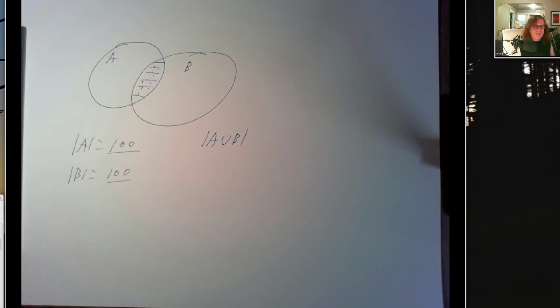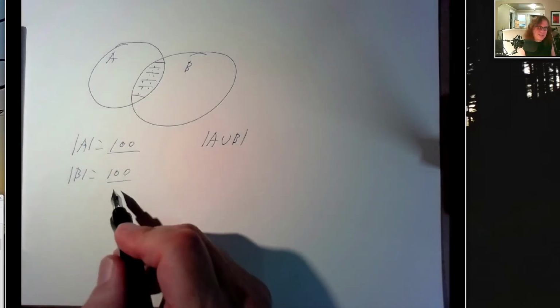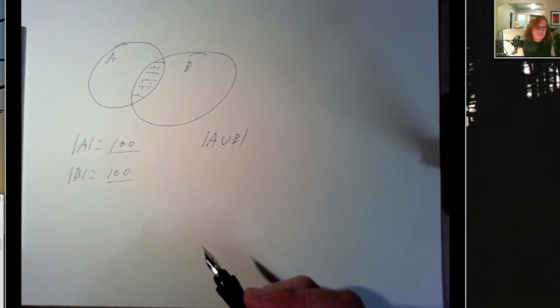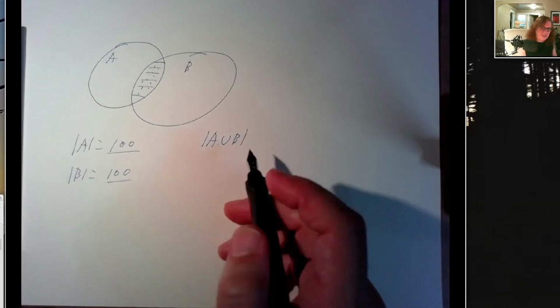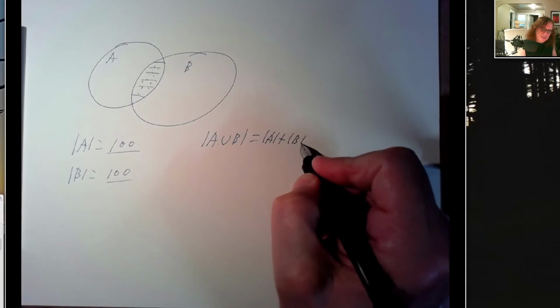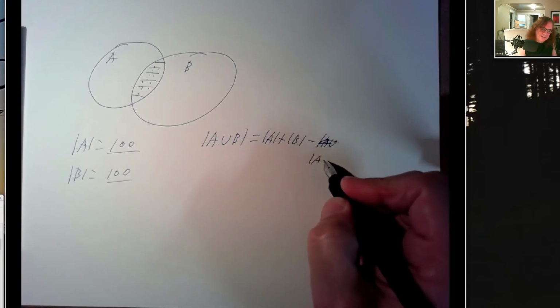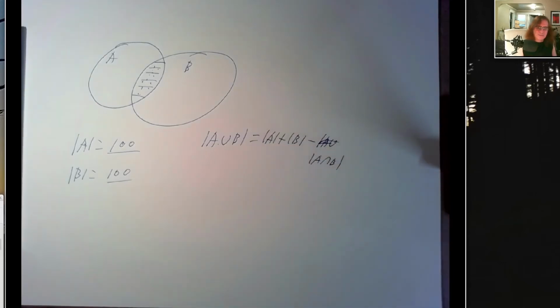Anything that's in both A and B is going to be counted twice if we just add up the size of A and the size of B. So to get the size of the union, we actually need to add the sizes of A and B, but then subtract the size of the intersection. So that's the principle of inclusion-exclusion.